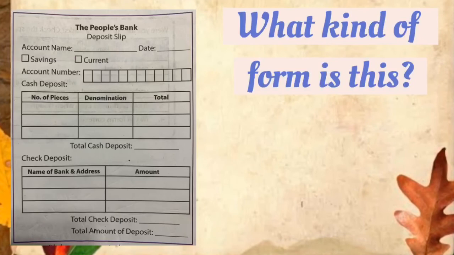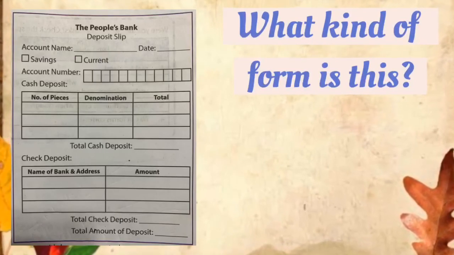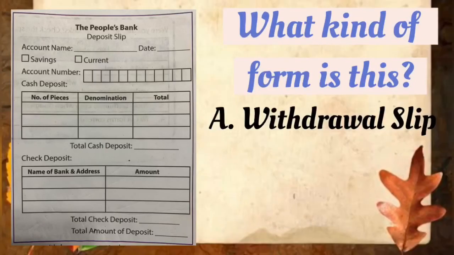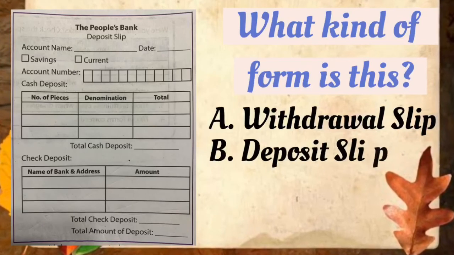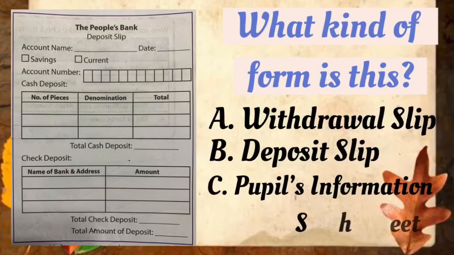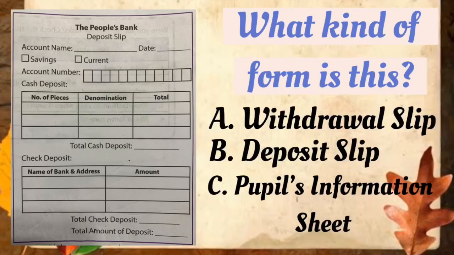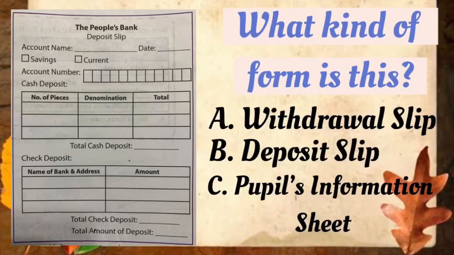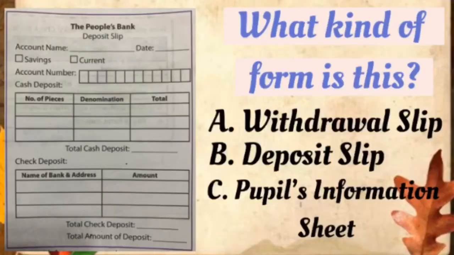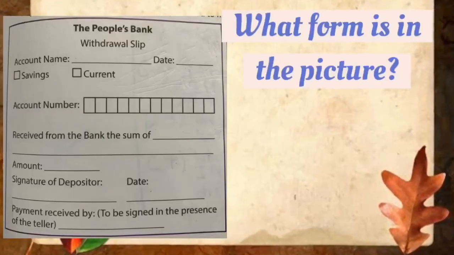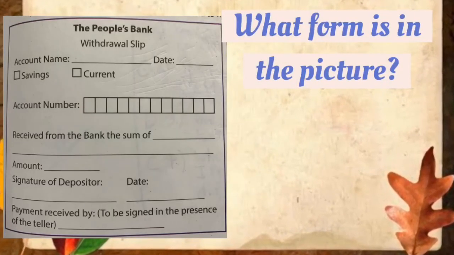What kind of form is this? A. Withdrawal slip, B. Deposit slip, or C. Pupil's information sheet? The correct answer is letter B. What form is in the picture?